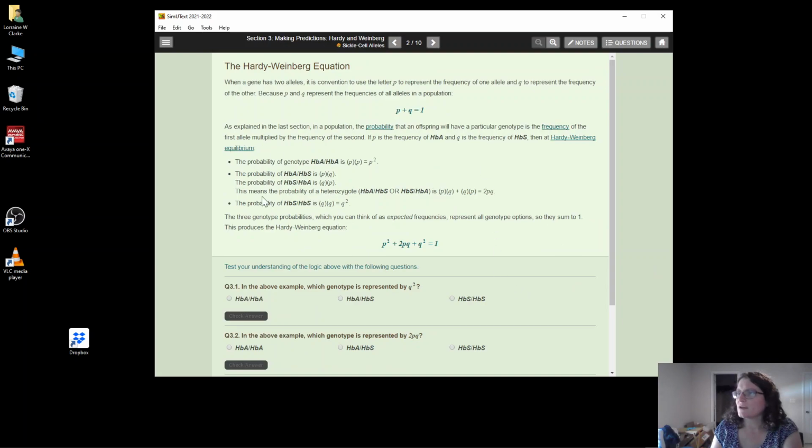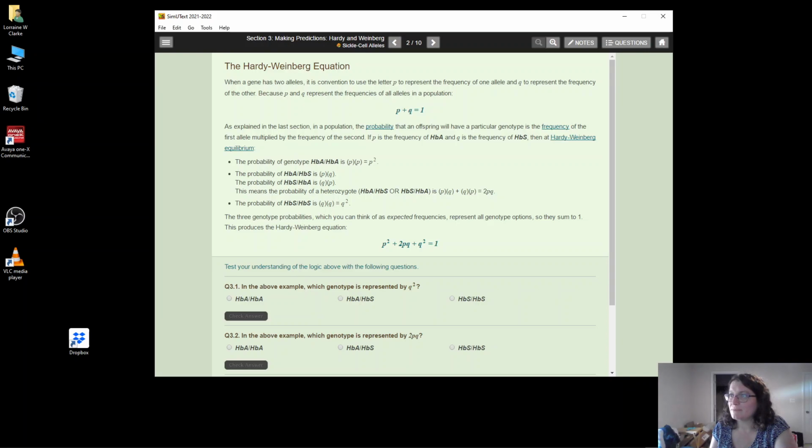All right, this talks about all this deriving here. But when we talk about genes of interest, we're talking about, so p squared for this one is going to be the normal allele versus the recessive, the disease allele, okay? So here we go.